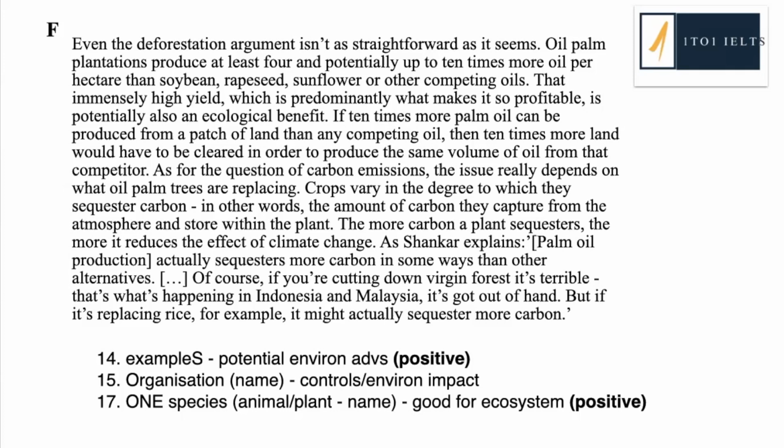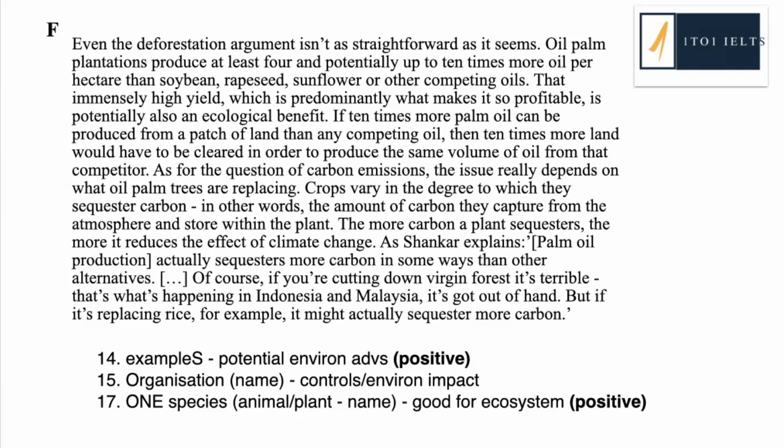If we move on, we'll actually notice it starts talking about carbon emissions. And you'll notice at the end of the paragraph, they say that oil palm plantations might actually use up more carbon than other types of crops. So we've definitely got a second advantage there. So we've got examples of multiple potential environmental advantages.